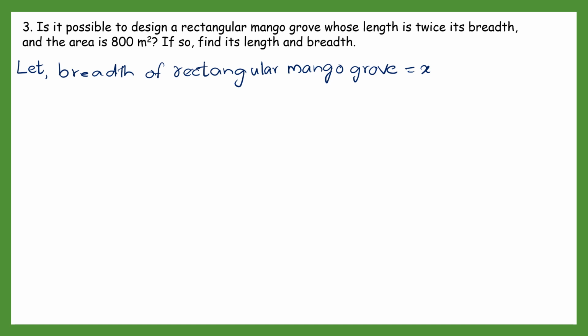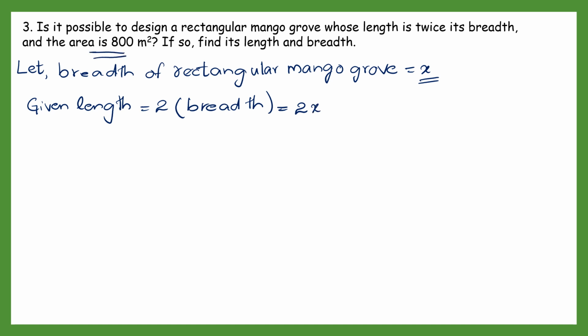They are telling length is twice its breadth. So length is equal to twice, that means 2 times breadth. So length will be what? 2 into breadth, we assumed as x. So 2x. And again they give area is 800 meters square.